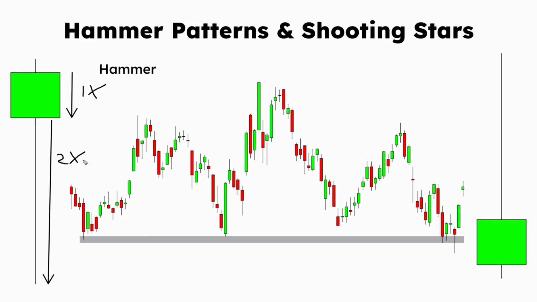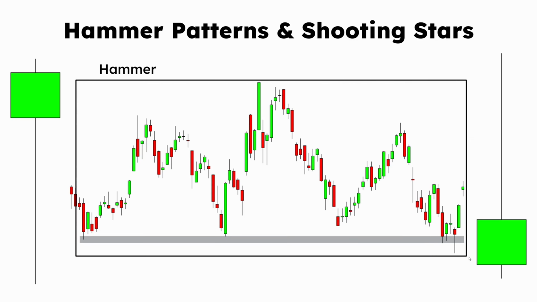But preferably, we want the wick to be even longer, perhaps 3 times as large or even 4 times as large. You can see in this particular example, the wick is pretty much 4 times as large as the real body. In order to find a good hammer, you also want the upper wick to either be very small or not exist at all.